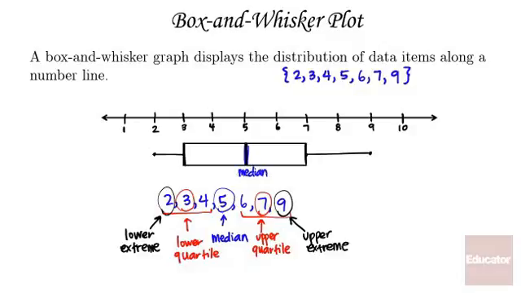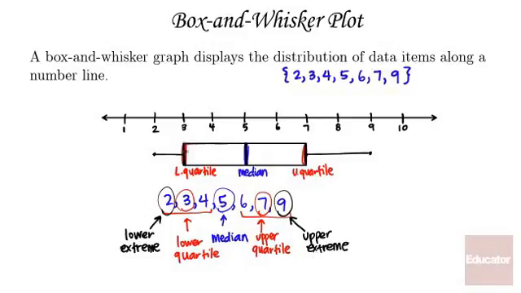Then these 2 right here, the 3 and the 7, are your quartiles. This is the lower quartile. This one right here is your upper quartile. Those 3 lines, your median and quartiles, are what form the box.